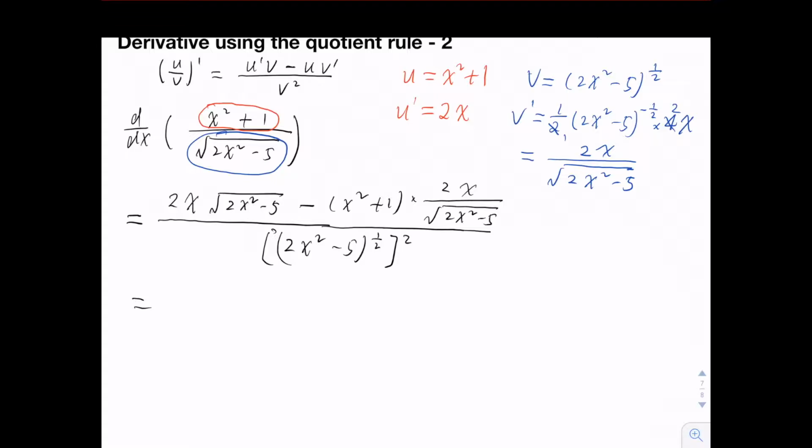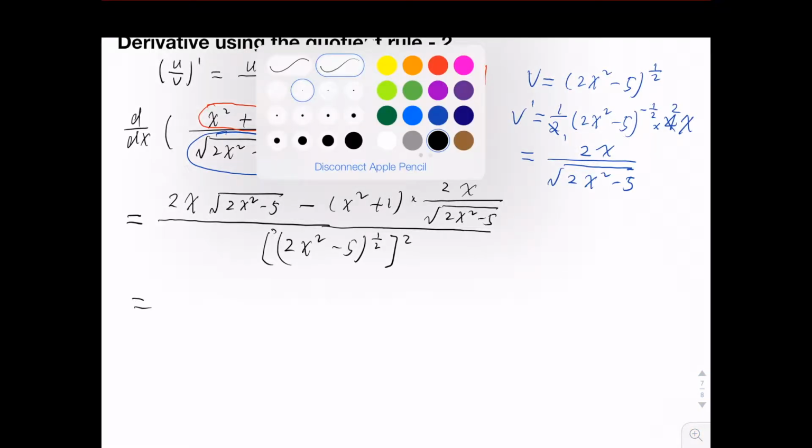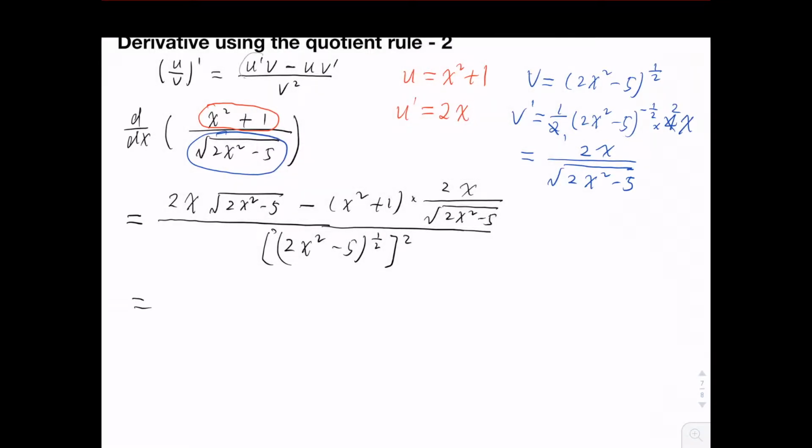I'm going to show you: the first part, u dash v, becomes these big parts here. The second part, uv dash, becomes these big parts. And the last part, v squared, now becomes here. So I'm using the quotient rule formula to differentiate this question.